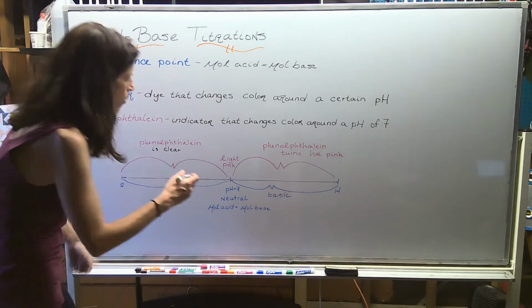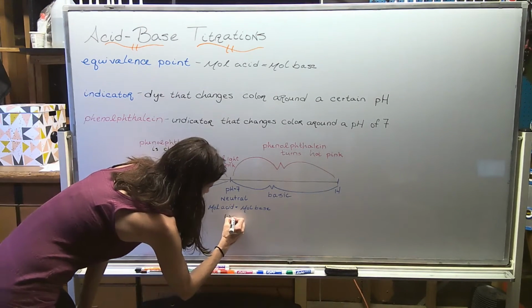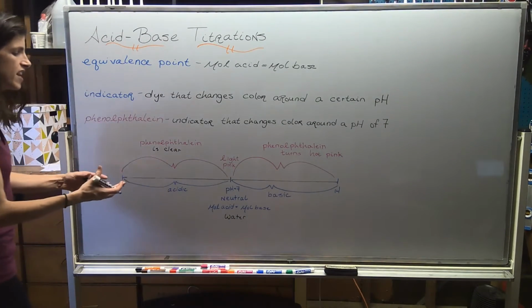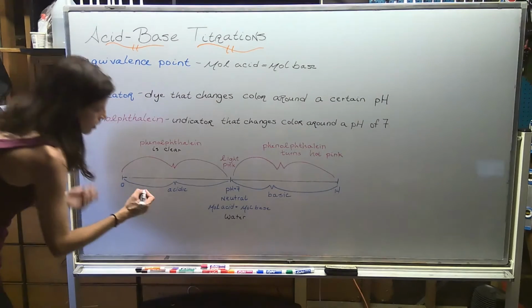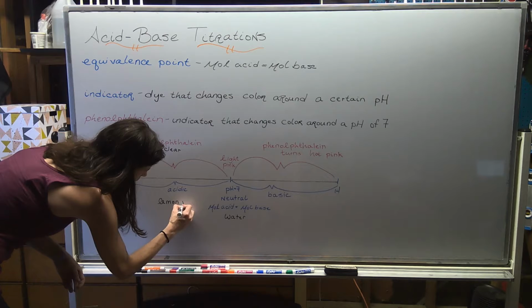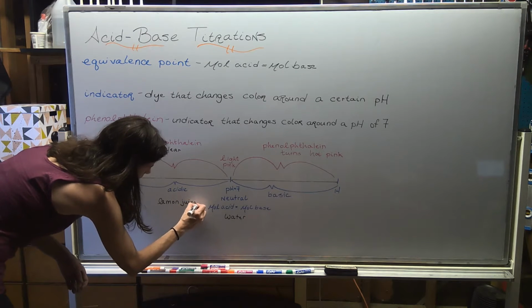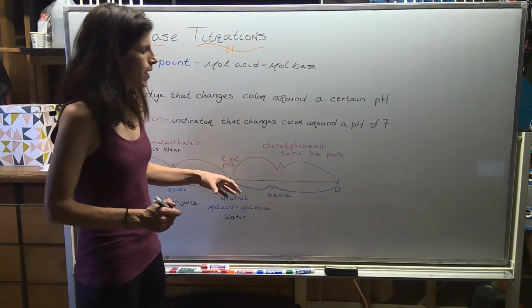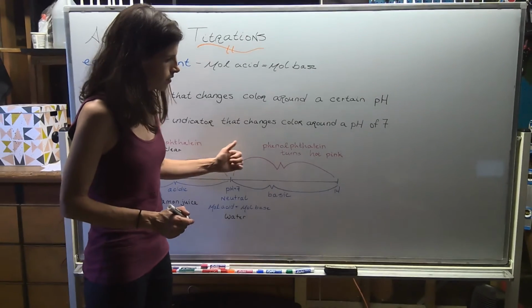Neutral, well, water is neutral, just to give us an example of something that's neutral. In terms of acidic, things like lemon juice are acidic. Battery acid, any of your acids as well, right? On the basic side, that's going to be between 7 and 14.